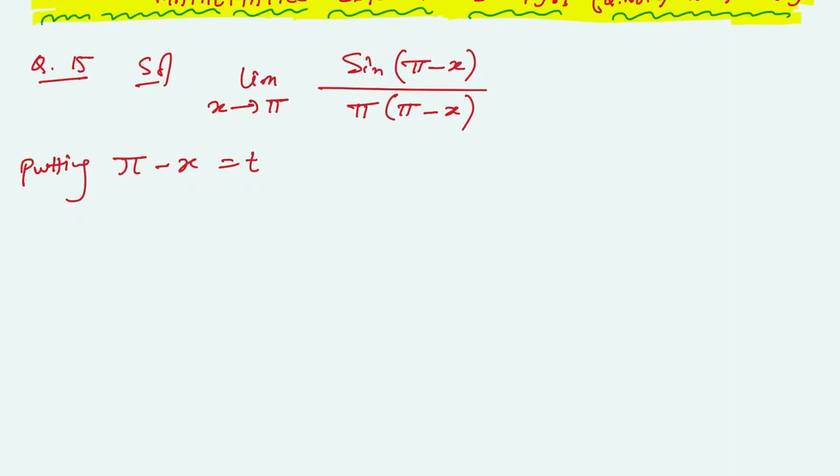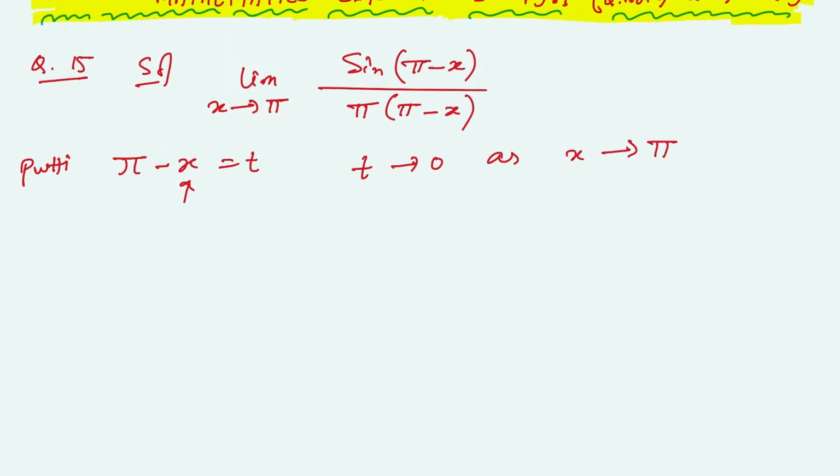Here you see, as x tends to pi, then if you put pi here, t will be 0, isn't it? t tends to 0 as x tends to pi.